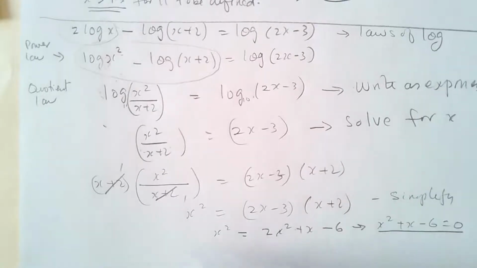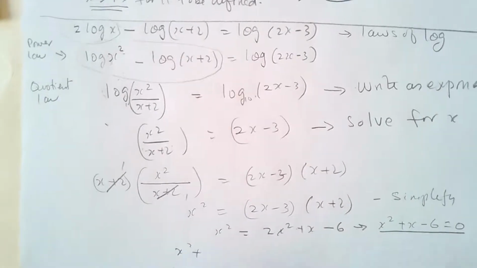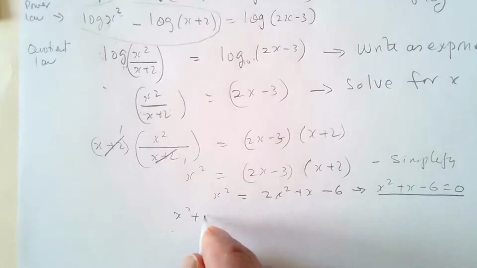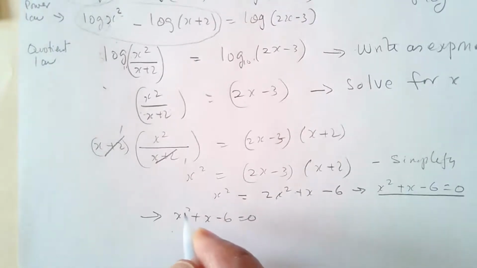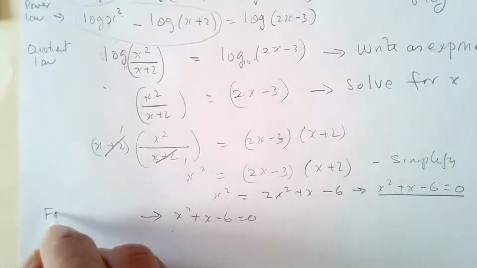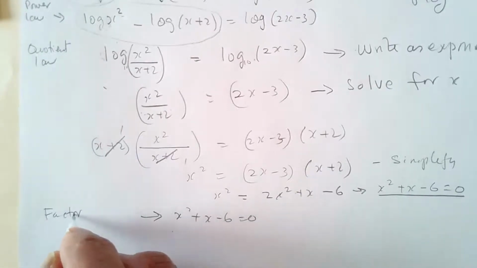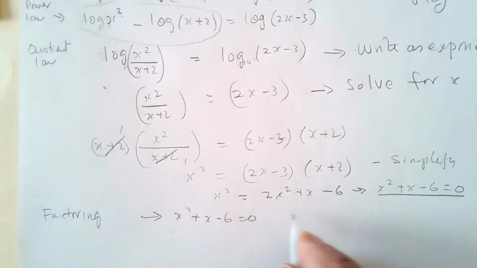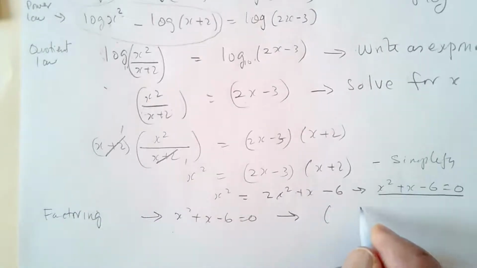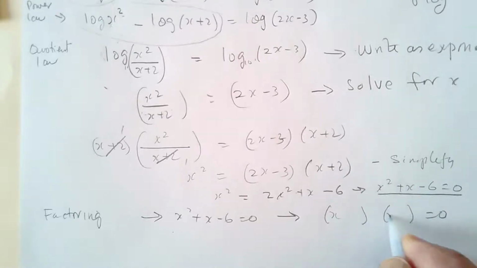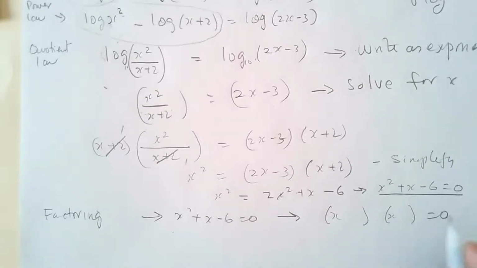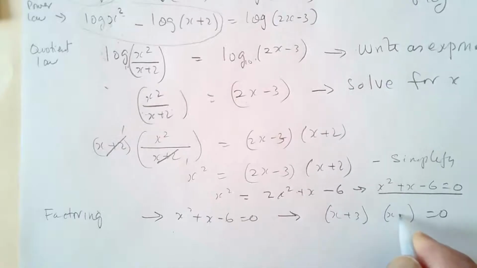So we're going to factor this. We have x squared plus x minus 6 equals 0. Solve by factoring: x, x, and that would be plus 3 here, and this will be minus 2.